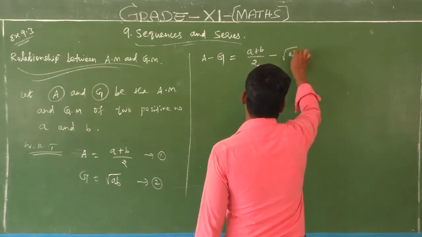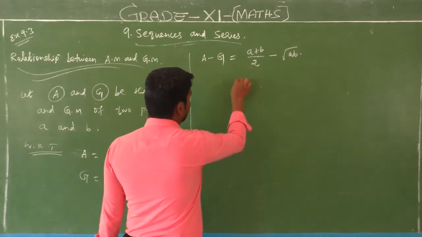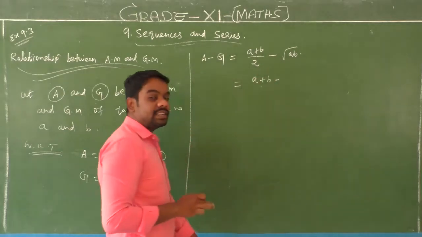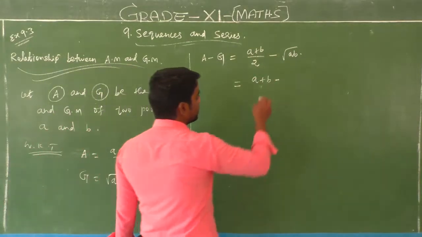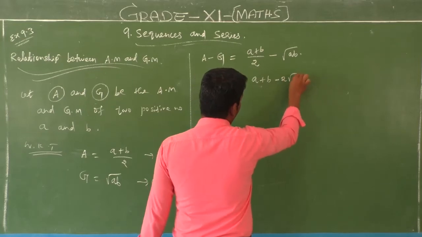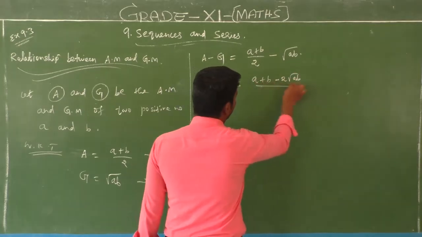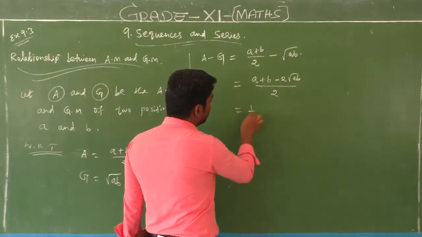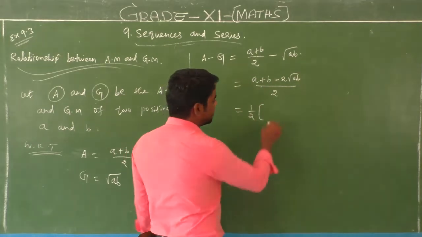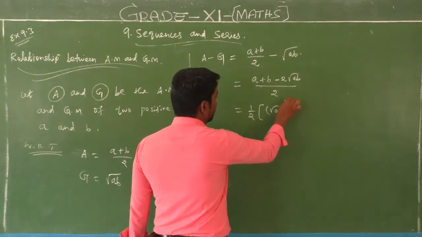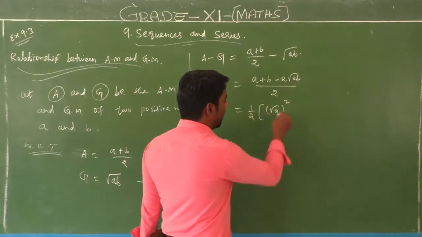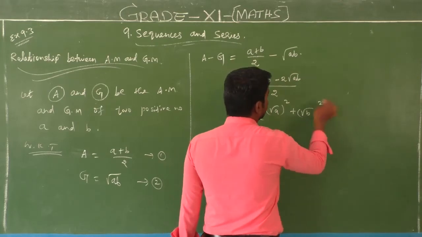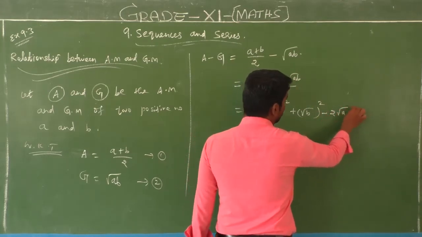Simplifying, this is equal to a plus b minus 2 root ab, divided by 2, which is equal to 1 by 2 of a, written as root a whole squared, and b written as root b whole squared, minus 2 into root of ab, which is root a into root b.